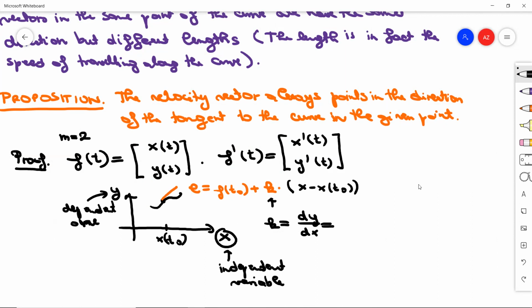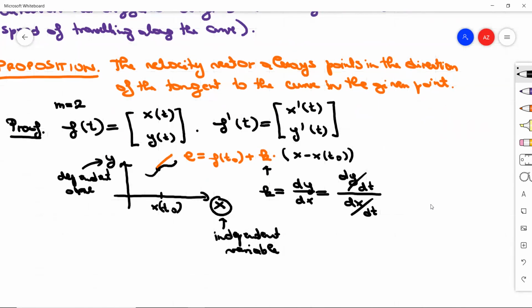So we have here dy over dx. But if we regard y and x as functions of t, we can divide dy over dt and then dx over dt. This is what we can do with differentials. Why can we do this with differentials? Because a differential is just the limit of the differential quotient.